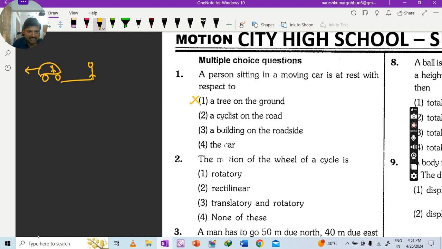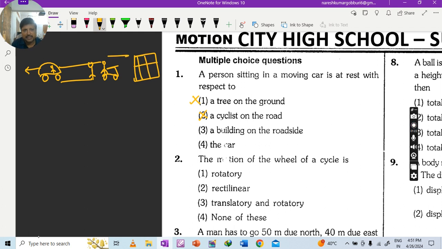Next, a cyclist on the road. Here is a cycle and a cyclist. With respect to the cyclist on the road also, the position of the person sitting in a moving car is changing continuously. So that is also a wrong answer. Next, a building on the roadside.